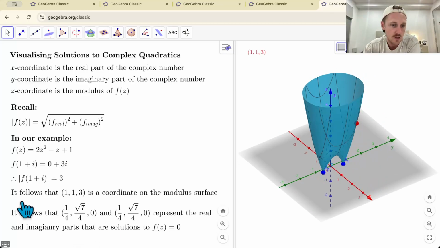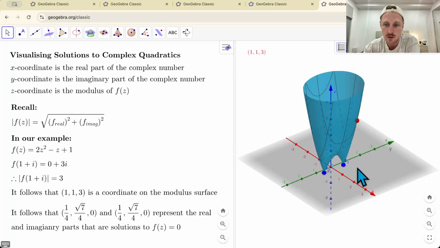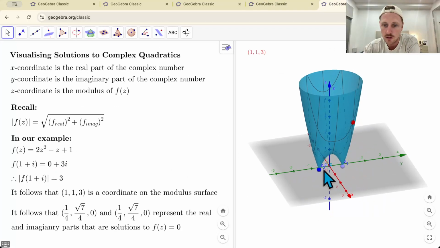Okay, anyway, so as we've already explained, it follows that 1, 1, 3 is a coordinate on this modulus surface. And so bringing it all together, if we go back over here, all the way back to here, our solution to this complex quadratic was 1 plus or minus the square root of 7i on 4. So it follows that on the modulus surface, that corresponds to these points here.